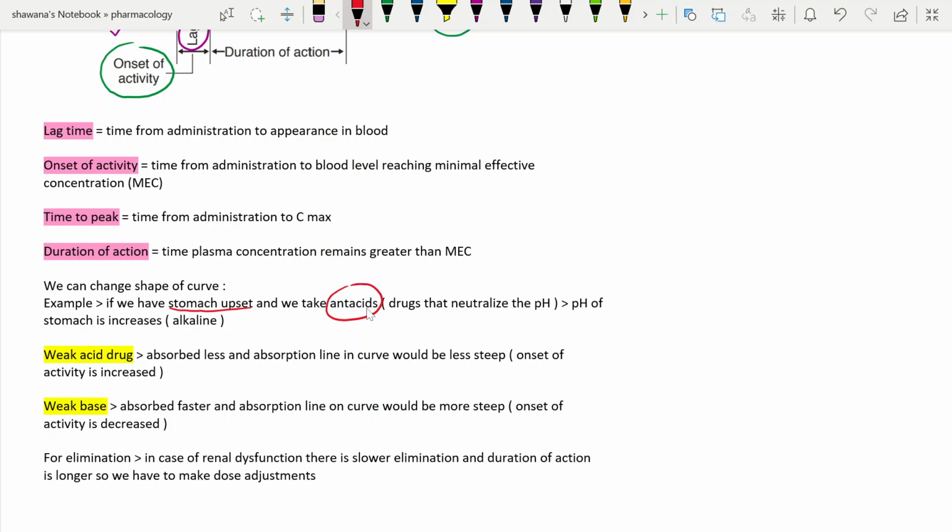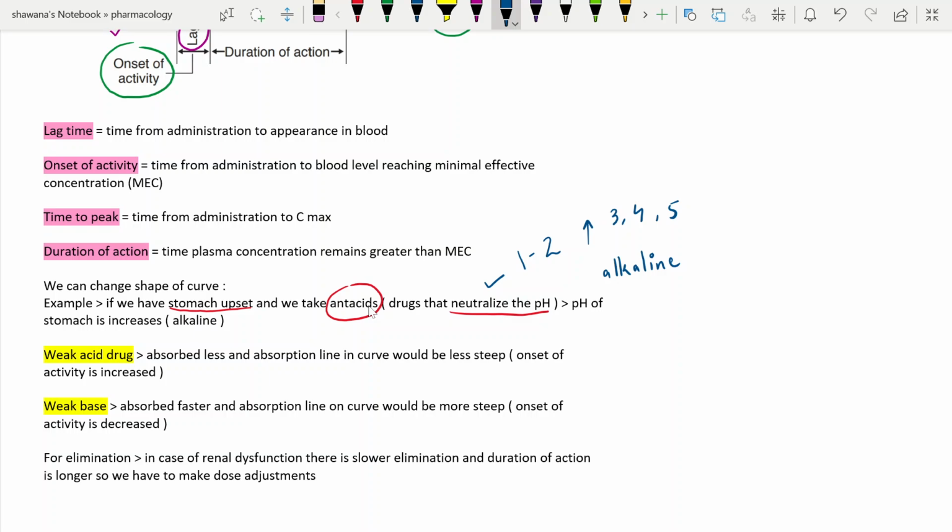Antacids are drugs that neutralize the pH of the stomach, and we use them for example in gastritis, or inflammation of the stomach. They neutralize the pH, which means the stomach pH starts to become alkaline. Normally the pH of the stomach is 1 to 2, but it starts to increase, maybe to 3, maybe 4, or maybe 5.